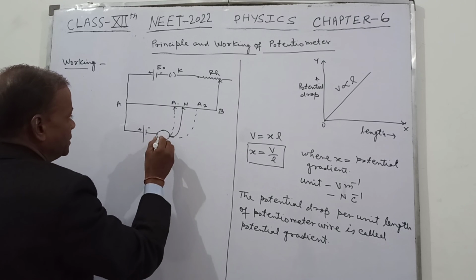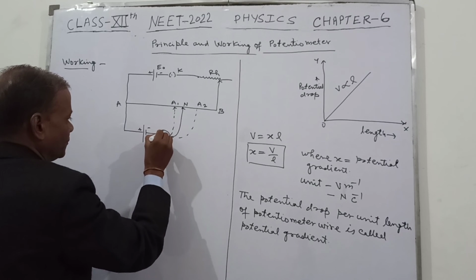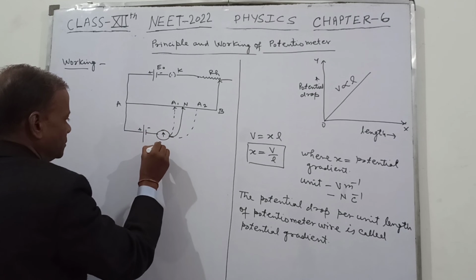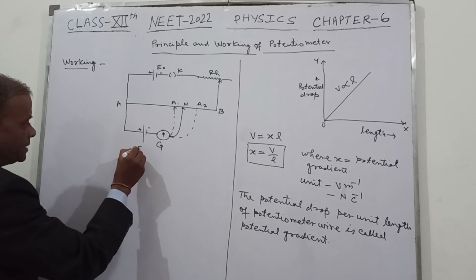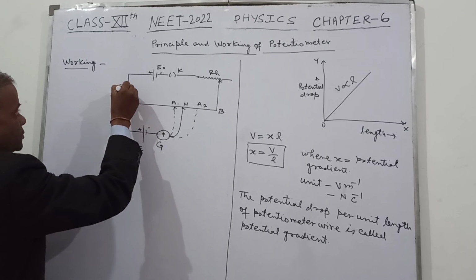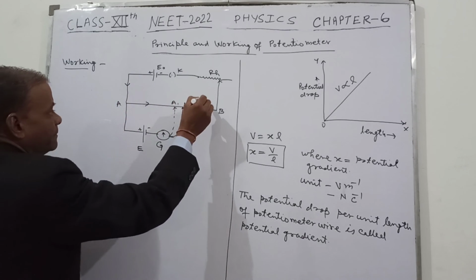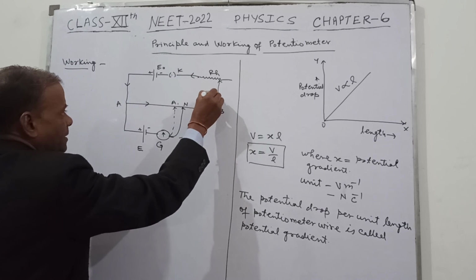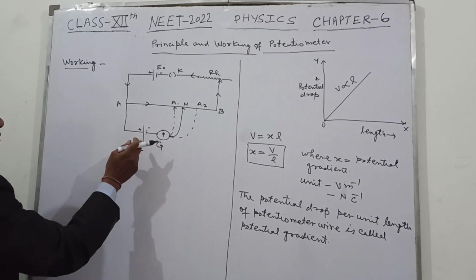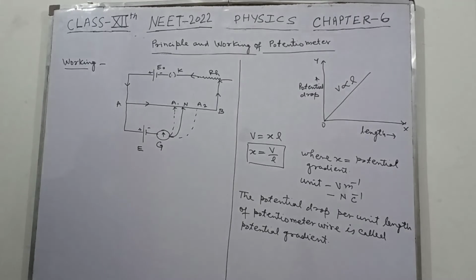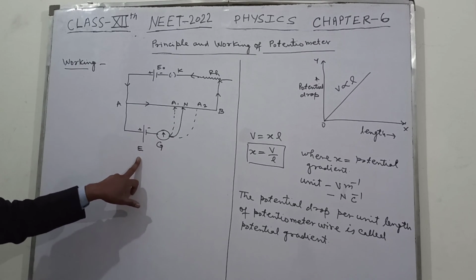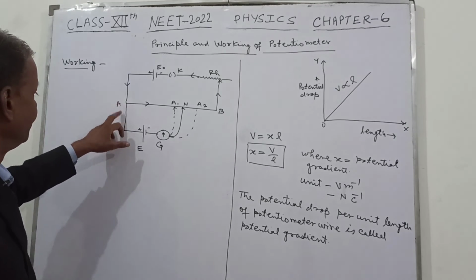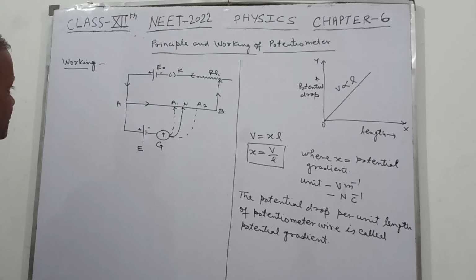So now I say that this is the galvanometer. Let the EMF of this cell be E. Now this provides a current in this wire that flows like this one, and this also provides the current. So the positive terminal of this battery and that of the primary cell are at the same point.